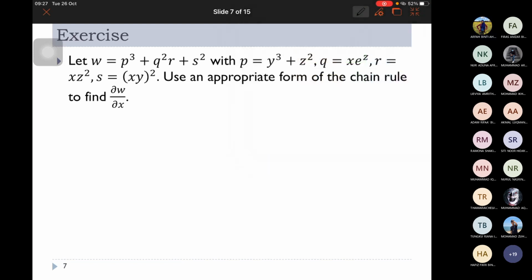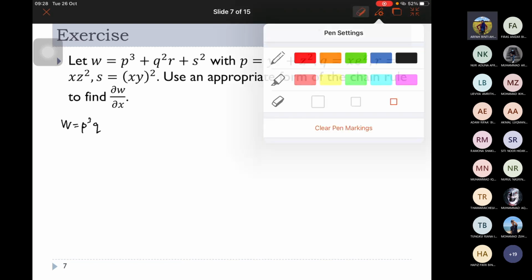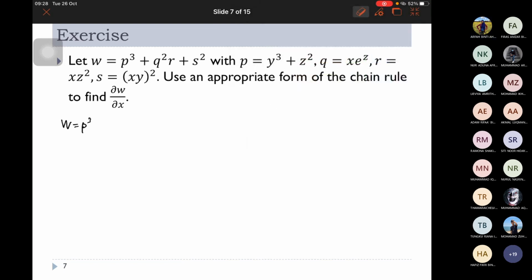Okay. So if you take a look at this one, W equal to P cube plus Q squared R plus S squared.